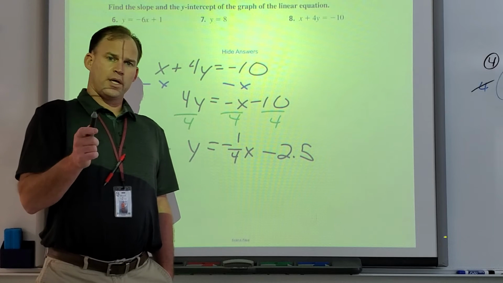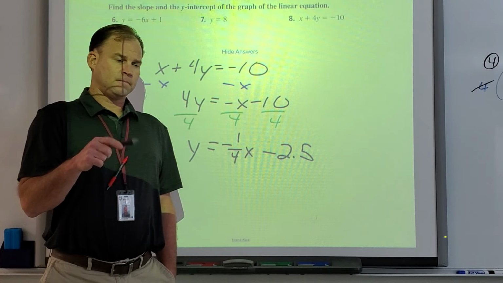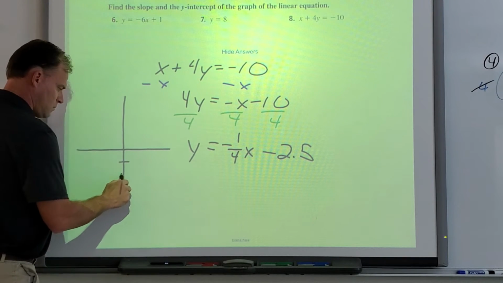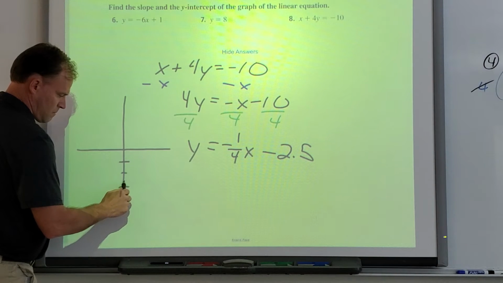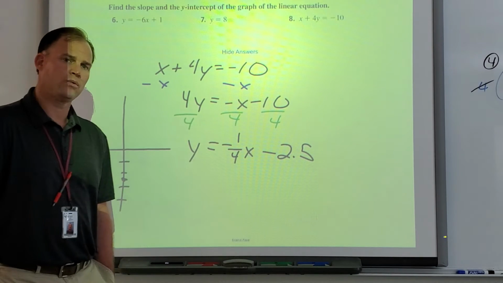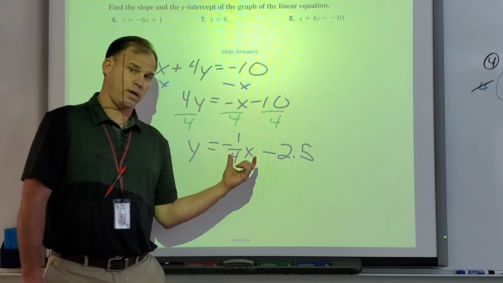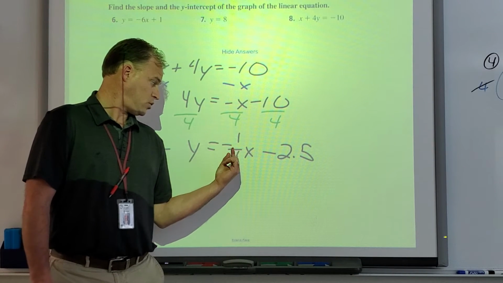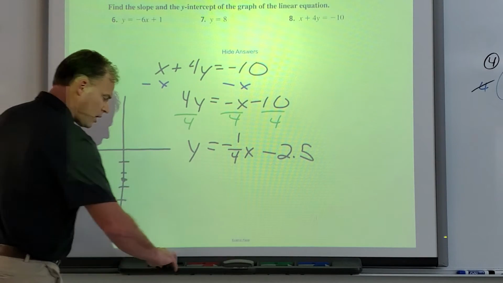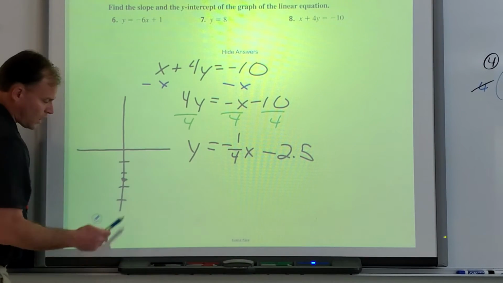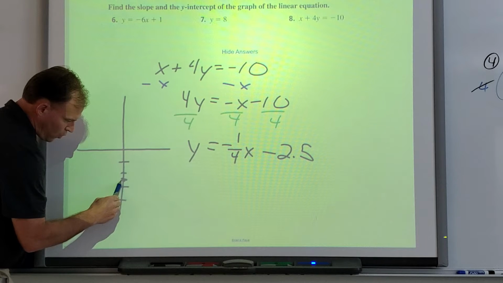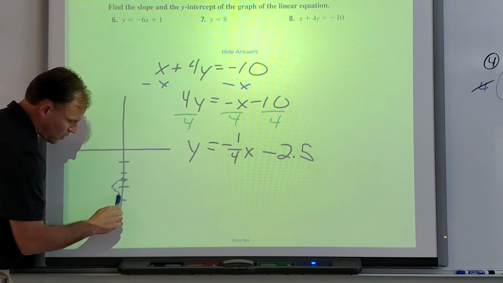So, where's my first point for this graph? Right there at -2.5. Where am I going to move to find the next point? Down 1, right 4. So here, if I'm going down 1 whole puts me right there.